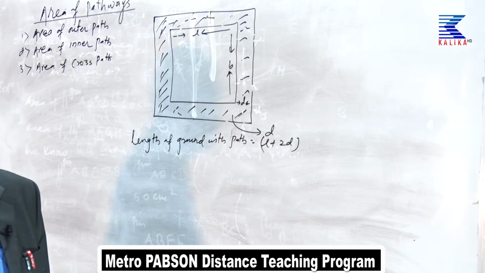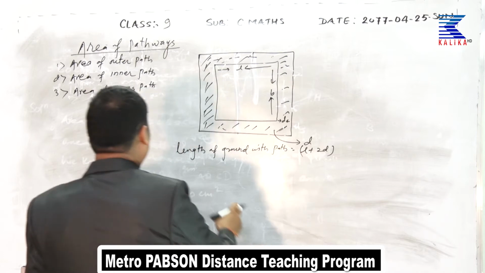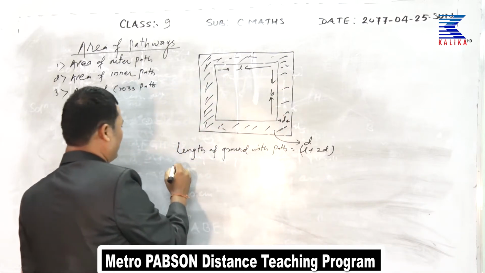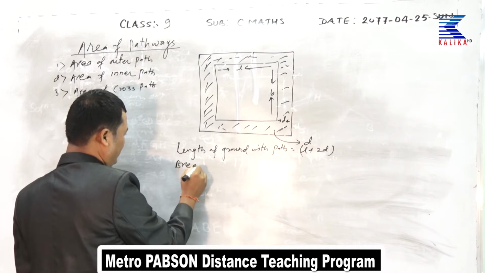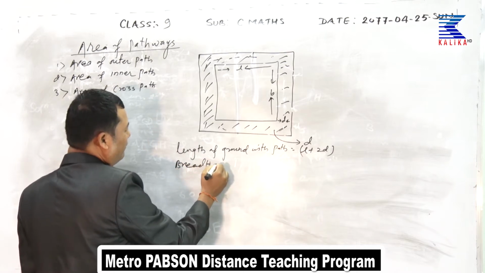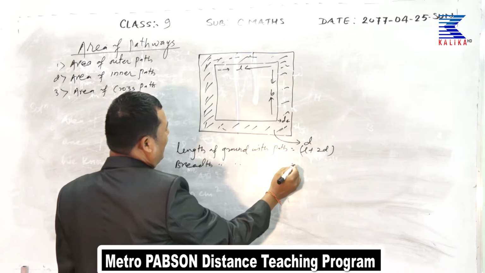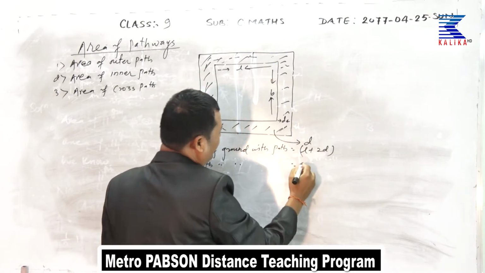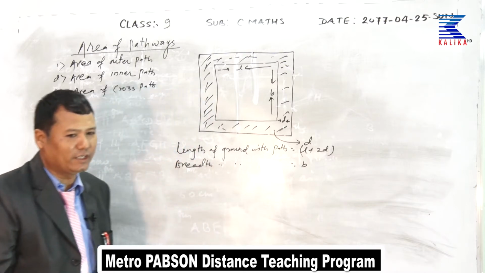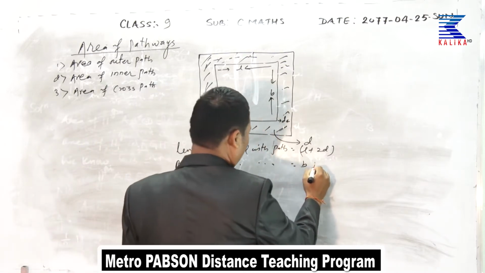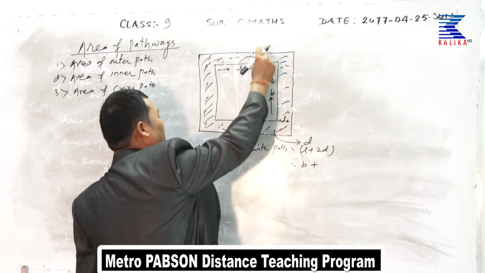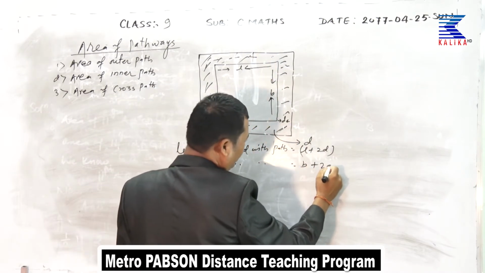Total length of the ground with path. Breadth of the ground with path: the breadth is B, plus here also D and here also D, so B plus 2D.